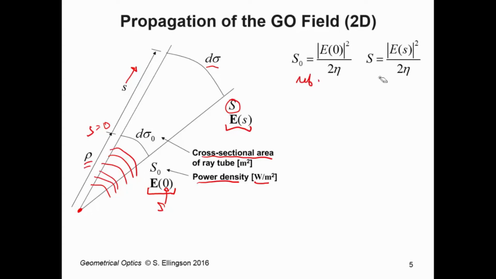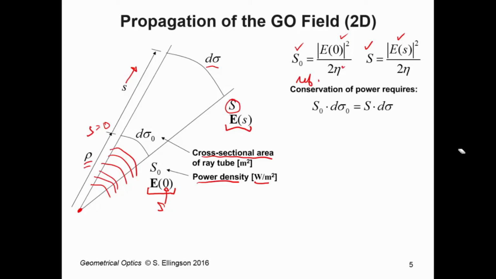At the reference point where we start, we have S naught equals the magnitude of the electric field at the reference position, magnitude squared, divided by 2 times the wave impedance, eta. And then after traveling a distance S, we have the new power density, big S, which is equal to the magnitude of the electric field measured at that point, magnitude squared, divided by 2 eta.